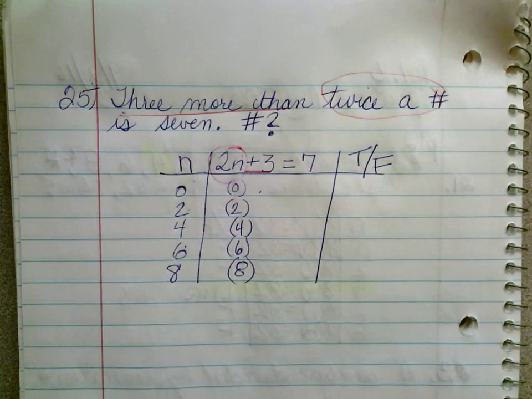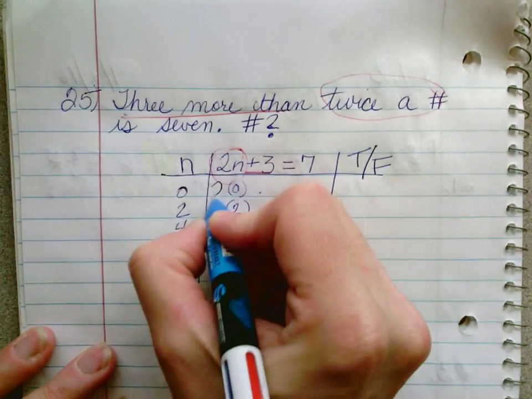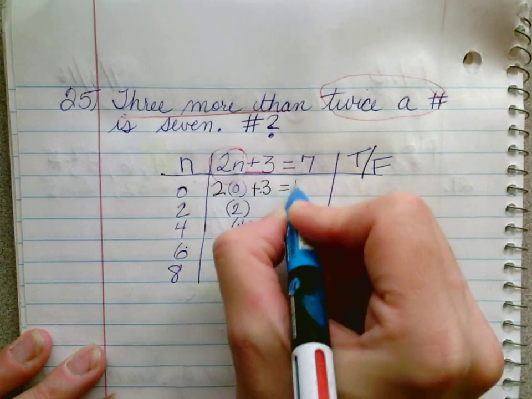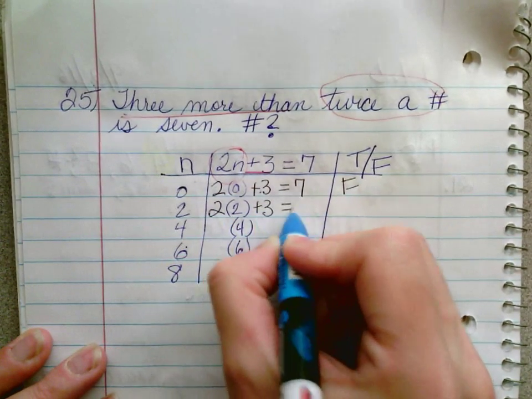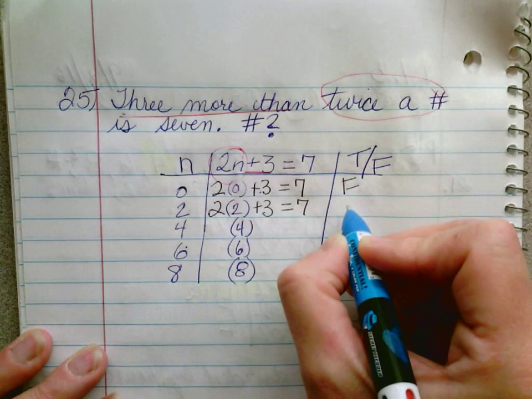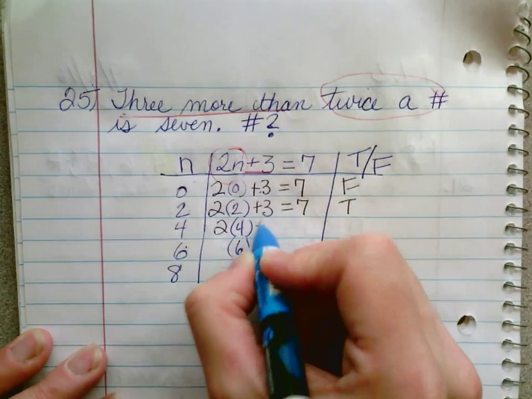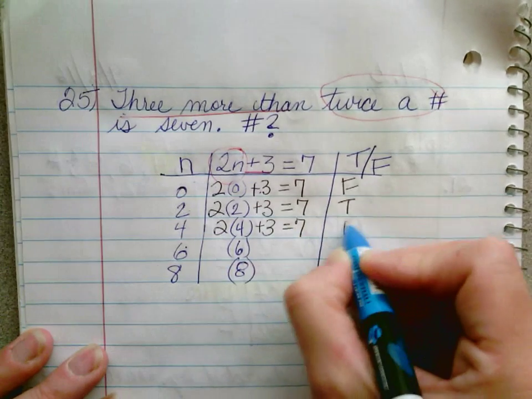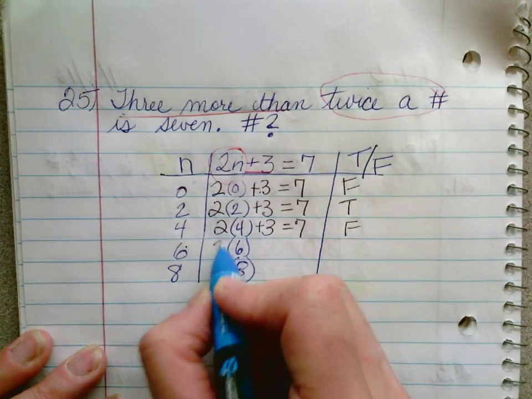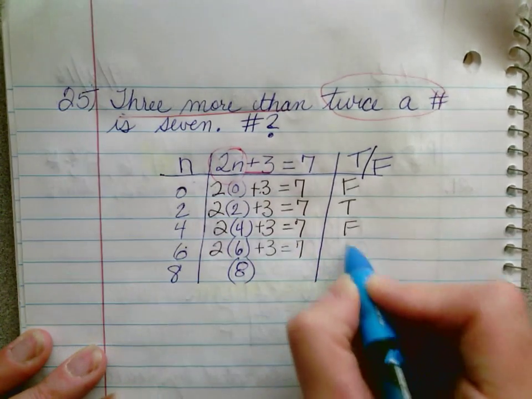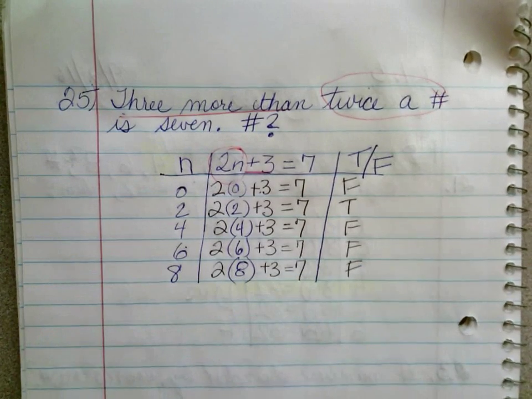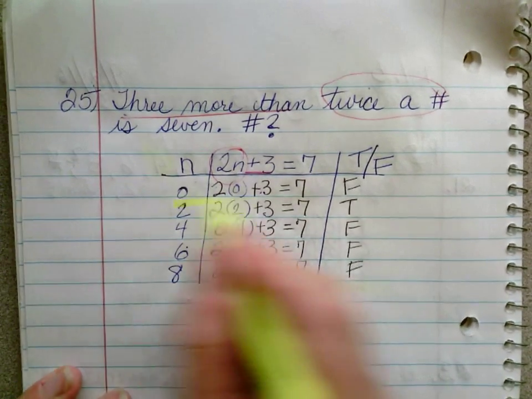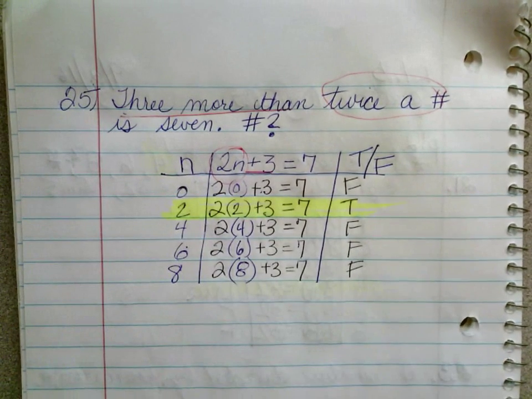All right. 2 times 0 plus 3 is 7, true or false? Yep. 2 times 2 plus 3 is 7, true or false? True. Which means the rest of these, because it's simply filling in numbers, 8 plus 3, no. 12 plus 3, no. 16 plus 3, no. All right, you have found your truth. Okay? There's your truth.